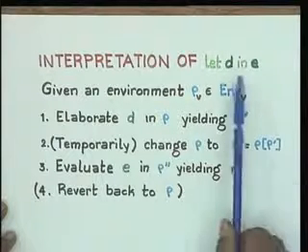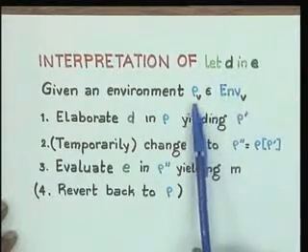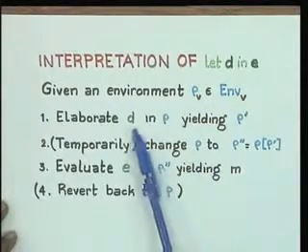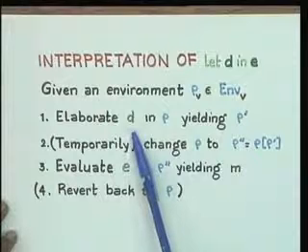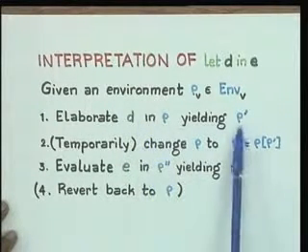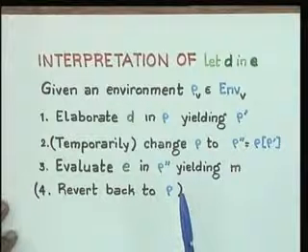So what it means is that given an environment rho, you first elaborate the definition or the declaration D in rho, and the elaboration of a declaration yields an environment rho prime.